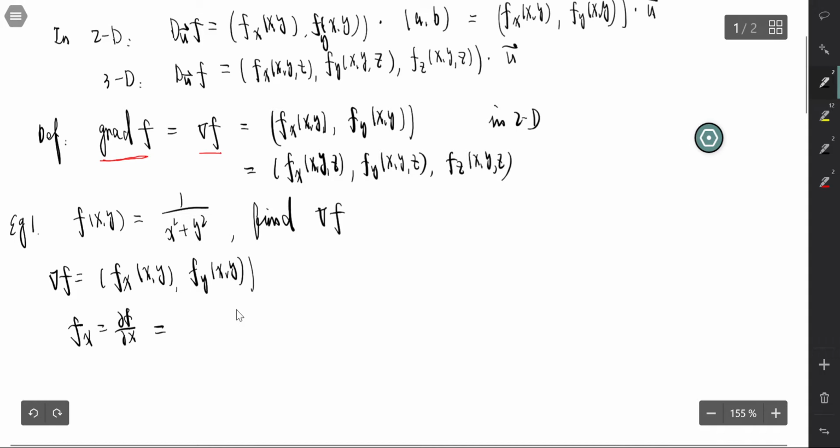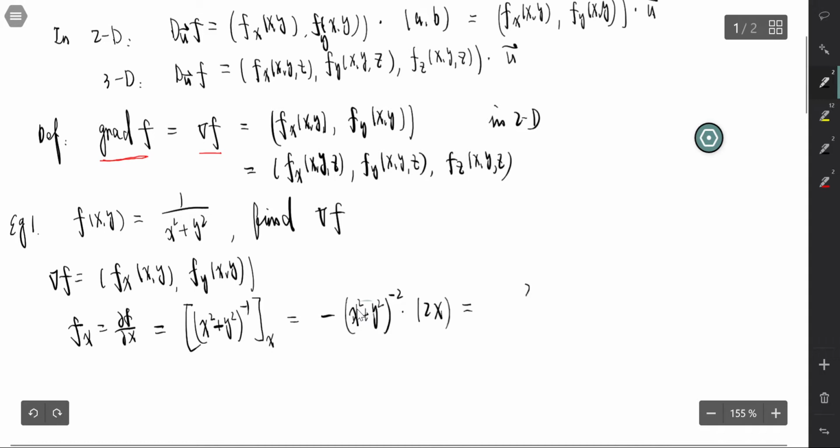Use the power rule: x squared plus y squared to the power negative 1. We take the derivative with respect to x, that is negative (x squared plus y squared) to the power negative 2, then times the derivative in the bracket, that is 2x.